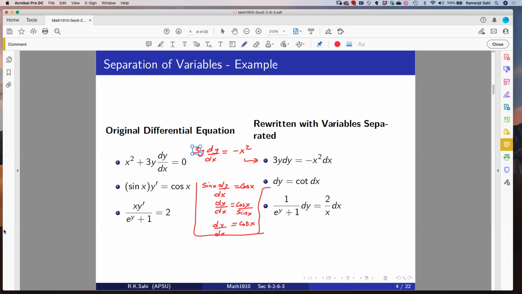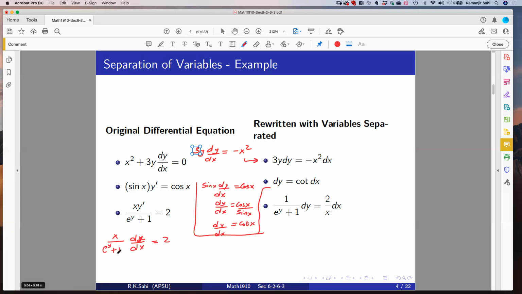Now let's look at the third example, which is x y prime divided by e to the power y plus 1 equals 2. We can rewrite this equation as x over (e^y plus 1) times dy/dx equals 2.